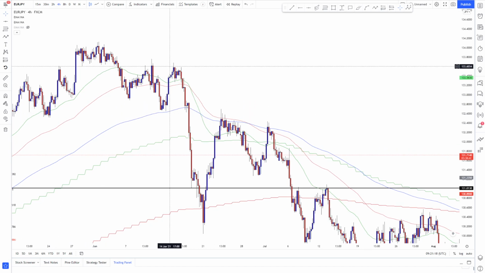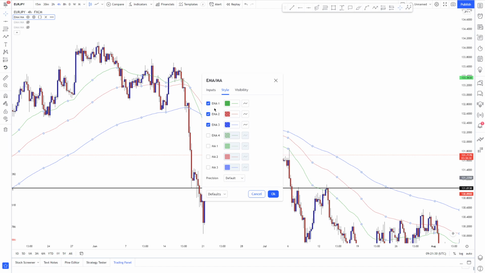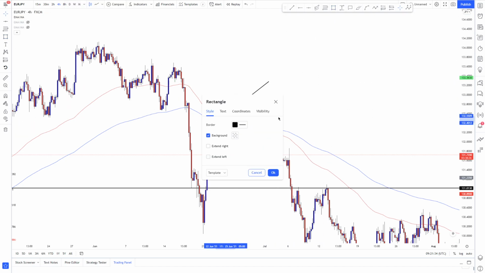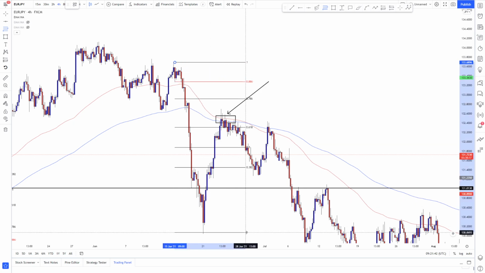What we can do here, once this lower low was formed, is look for moving averages. And as you can see here, we have the 100 and the 200 on the 4-hour time frame aligning at the same point. This is a strong confluence for this trade. Also if I connect the fib from the high to the low, we have nothing there.